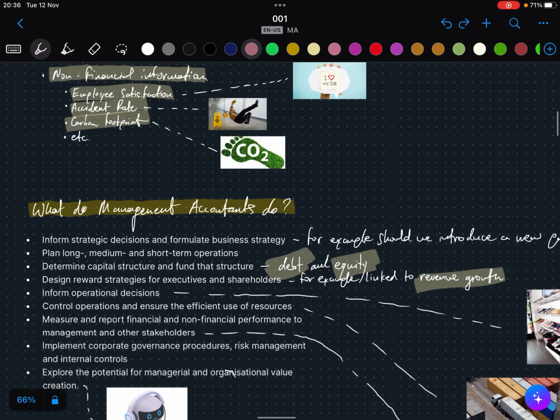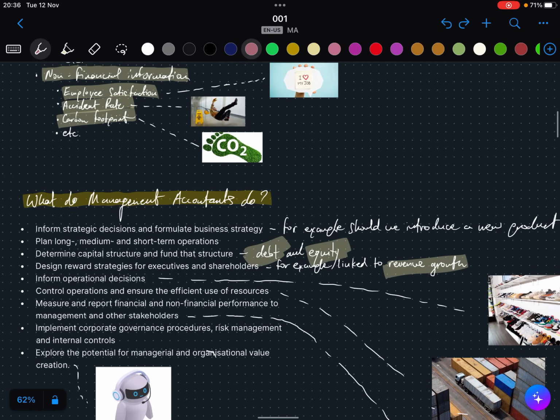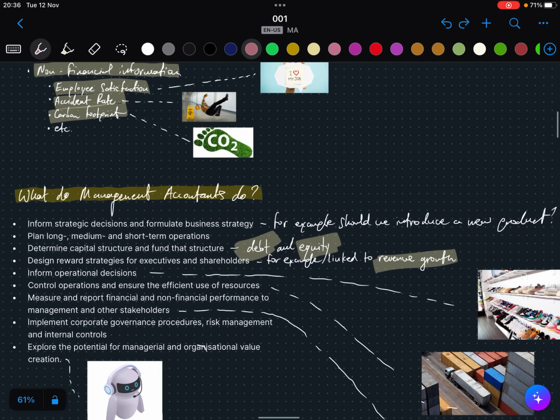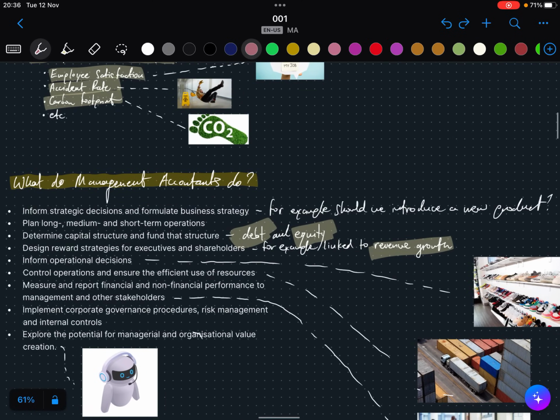All right, so what are some things that management accountants do? Let's take a look at a few examples. So let's start with the first bullet point: informing strategic decisions and formulating business strategy.